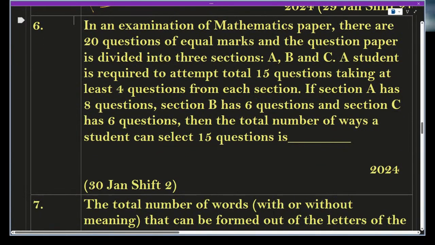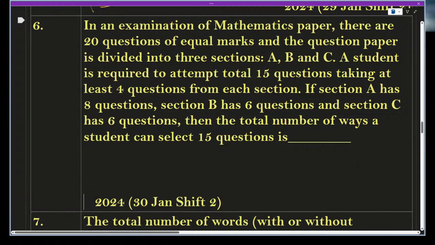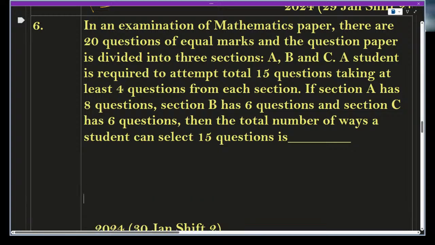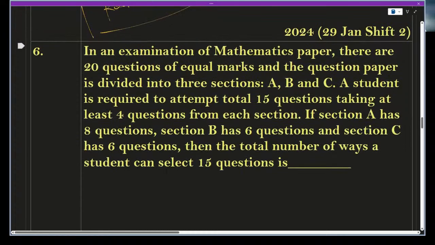Go for the next one. This also came in 2024, 30 Jan, Shift 2. 20 questions of equal marks and the question paper is divided into 3 sections A, B, C. A student is required to attempt a total of 15 questions, taking at least 4 questions from each section.